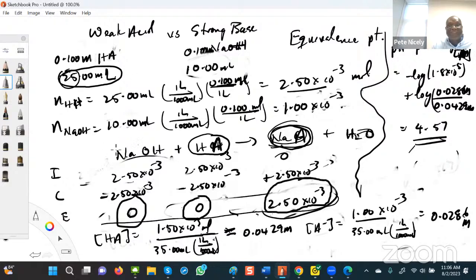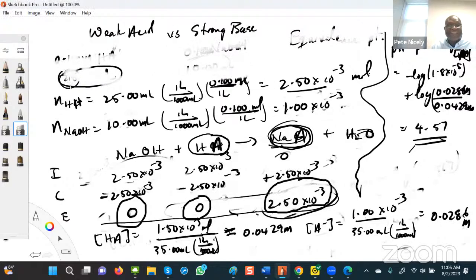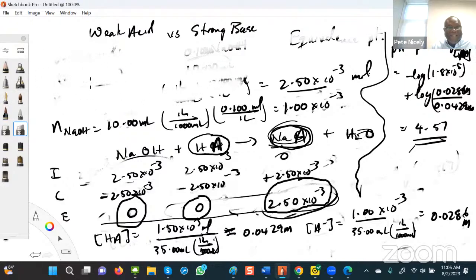So the next question you have to ask yourself is, okay, how does the A minus, the conjugate base, affect the pH? How does it react with water? Well, the answer is that because it's a conjugate base, if and when you add it to water and it does react, it's going to act as a base.